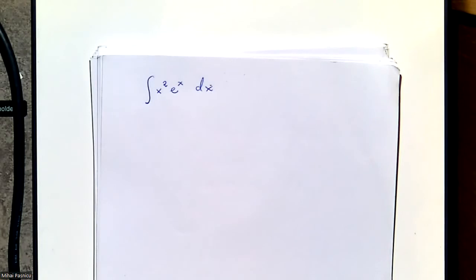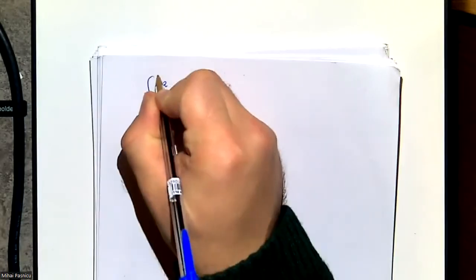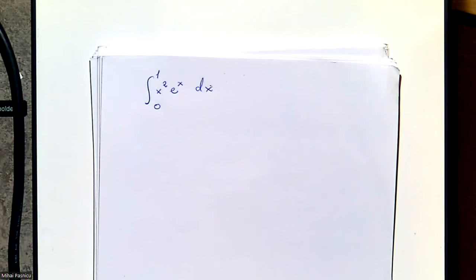Okay, this is what we were stuck with, and now this by parts thing can be applied to the definite integral. Just take a simple example from 0 to 1. Nothing changes. The only thing that's going to happen is we're going to carry this 0, 1 across all the integrals that we're going to do. So nothing special.